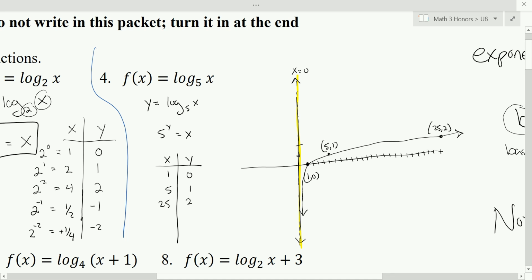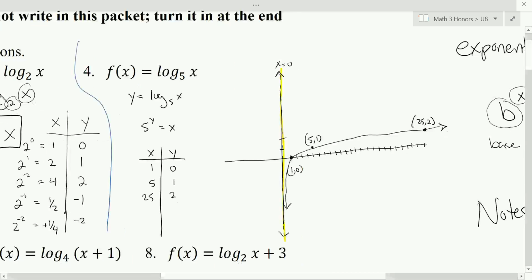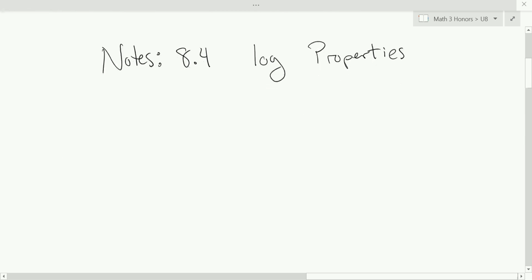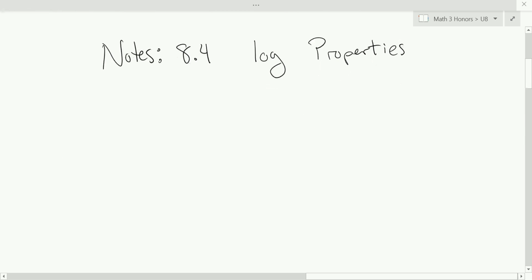Any questions on the graphing logs? This is all we're going to say about graphing today. We're going to spend most of our time talking about properties of logs. Okay. So there's 3 main properties of logs, and they're the only 3 rules that you need to know to get around and work with logs.